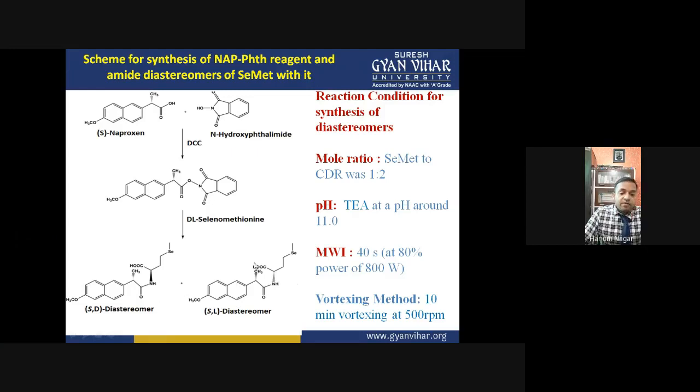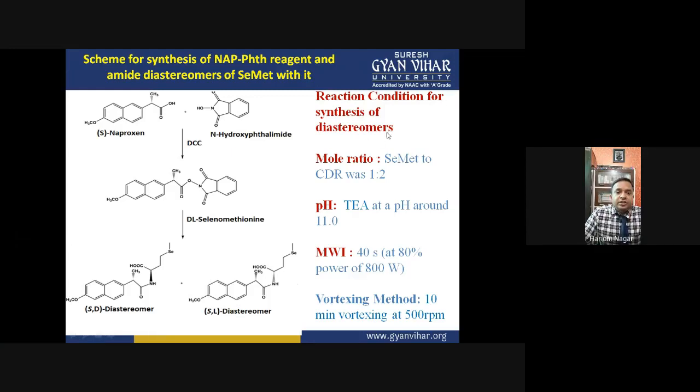So whenever we put these diastereomers in a reverse phase column, they interact differently with the stationary phase of the column and the mobile phase also, so they elute at different times.